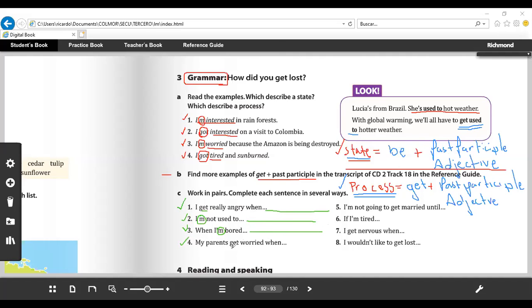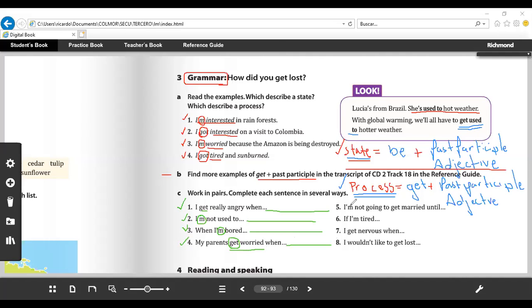My parents get worried when I stay out until late. Usually your parents are not worried parents, but if you go outside and stay too long, they are going to be in the process of getting worried.